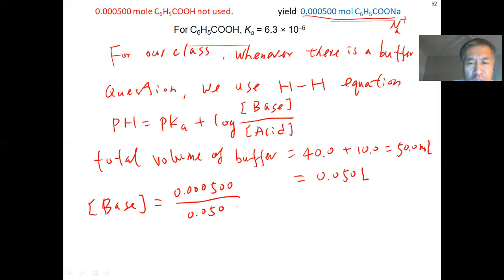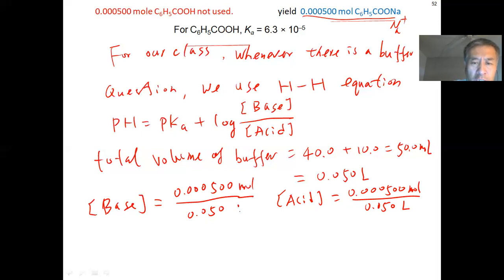I will keep it written this way, and then you will see later on it cancels out. So our acid, similar approach, because the acid also has this many moles, and also in the same volume. That's also moles per liter.